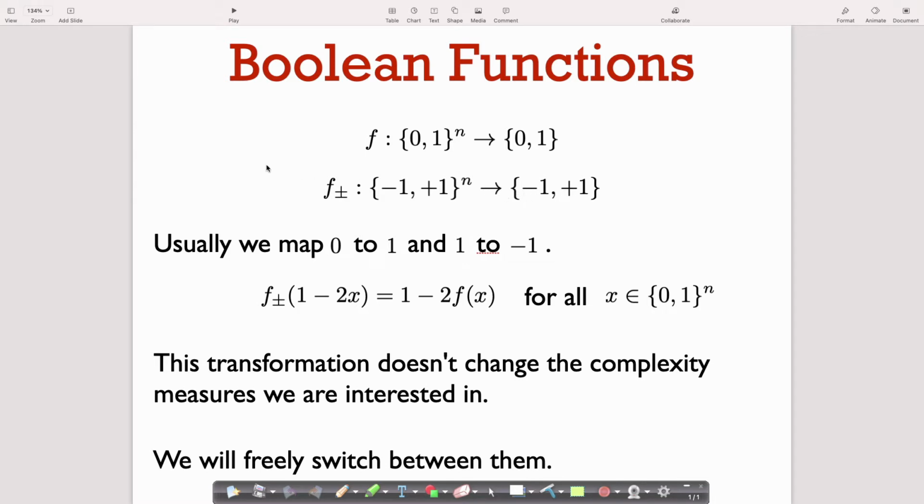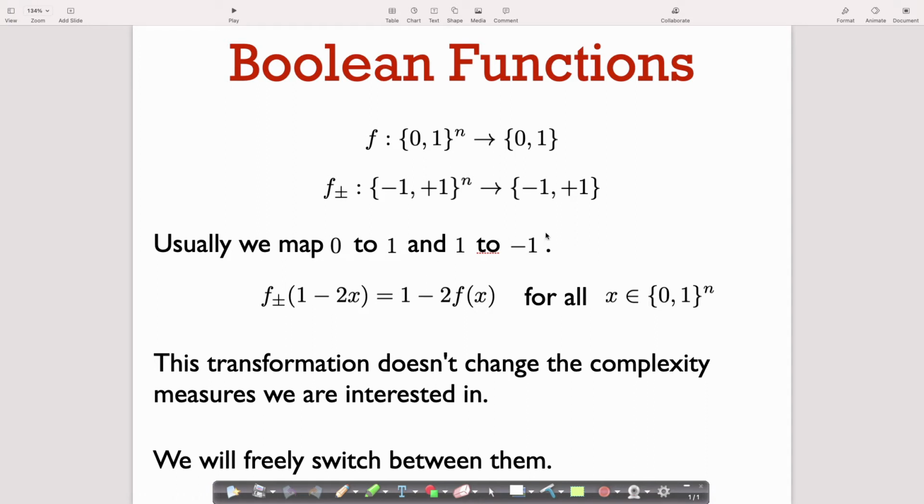And given a function f, we can easily convert it into an analogous or equivalent function over -1, +1. Usually the way that we do that is we map 0 to 1 and 1 to -1.